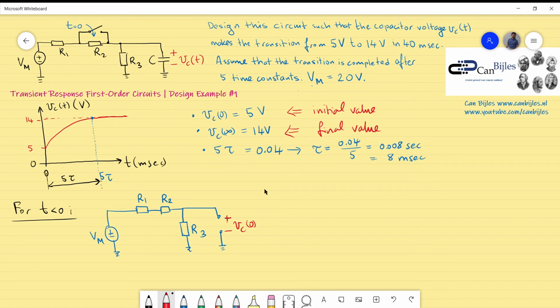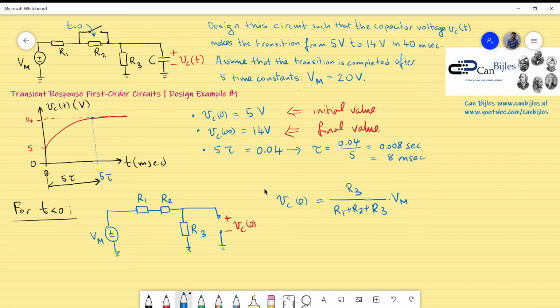What we want is the expression for the initial value of the capacitor voltage, which is the voltage divider rule here: R3 divided by R1 plus R2 plus R3, times the voltage VM.